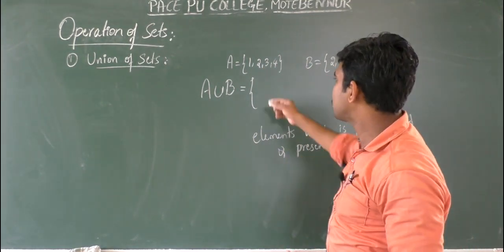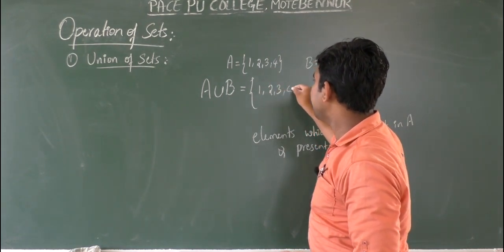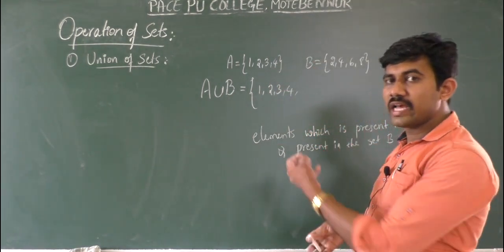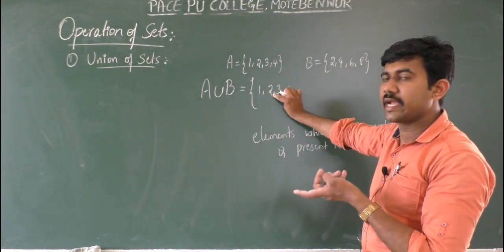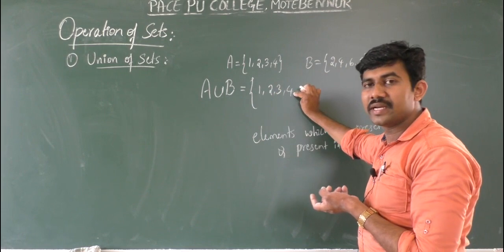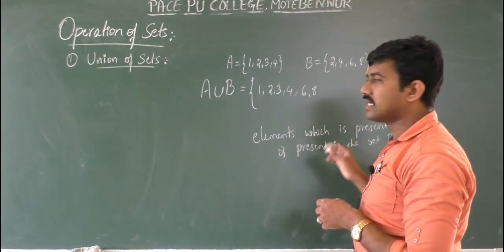We can observe here now. Say I'll collect all the elements of A, that is 1, 2, 3, 4. Next, all the elements of B I'll collect: 2, already written, don't write again; 4 already written, don't write again. Next 6 and the next element is 8.